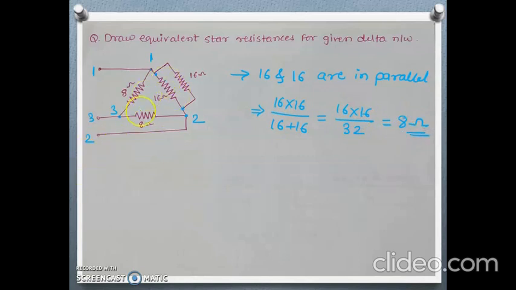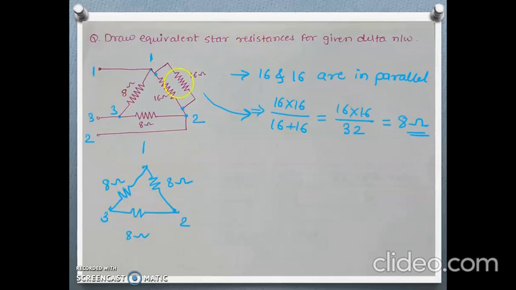Now this will be converted to a single resistor, this 8 ohm. These are the points 1, 2 and 3. This is between 1 and 3, 8 ohm, this between 2 and 3, 8 ohm, and between 1 and 2, 16 connected in parallel with 16 will be 8 ohm. So this will also be 8 ohm, and we want its equivalent.